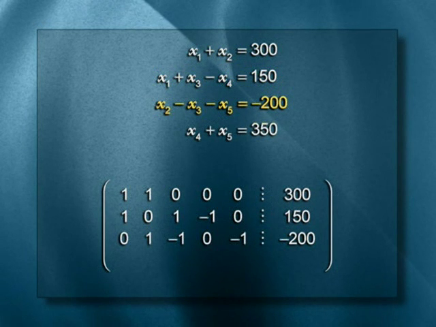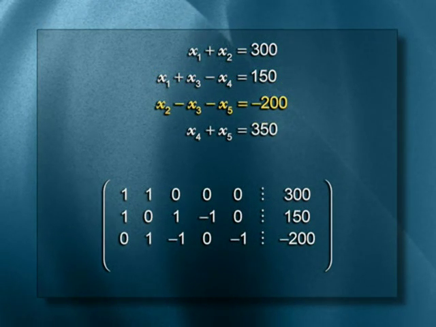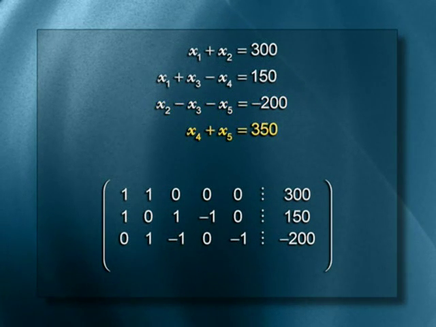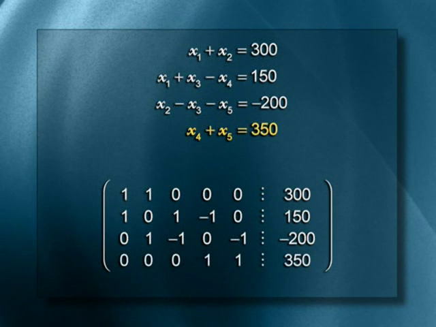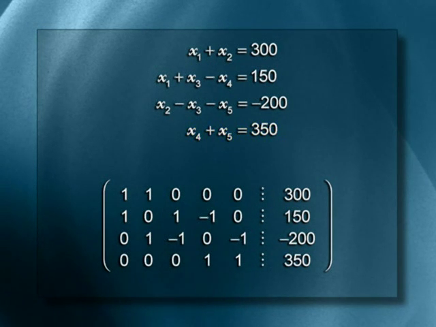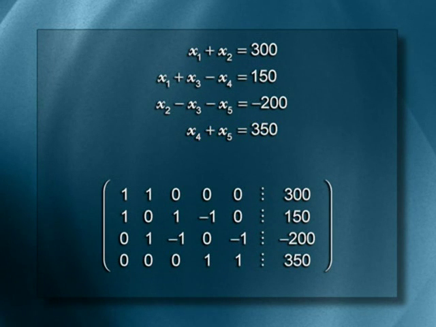The third equation, 0, 1, minus 1, 0, minus 1, equals minus 200. And the fourth equation, x4 plus x5 equals 350, corresponds to 0, 0, 0, 1, 1, and then 350. And I've put that dotted line there to really indicate that the final column is the column of the constant terms. All right, we've been here before.